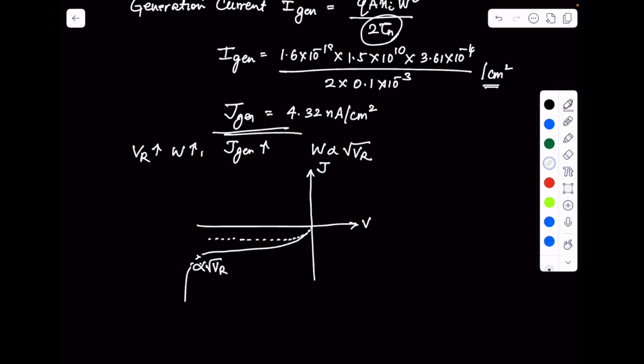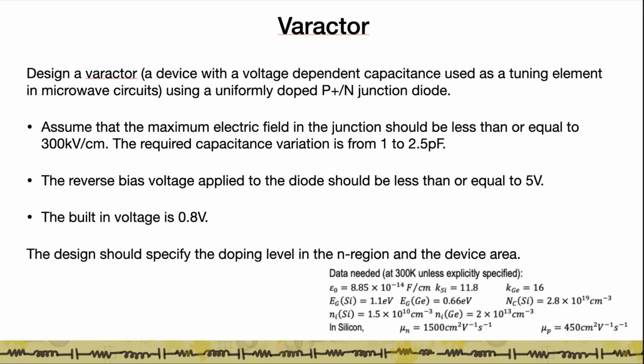So moving to the next question. Design a varactor, that is a device with voltage dependent capacitance used as a tuning element in microwave circuits, using a uniformly doped P plus N junction diode. Assume that the maximum electric field in the junction should be less than or equal to 300 kilovolts per centimeter.